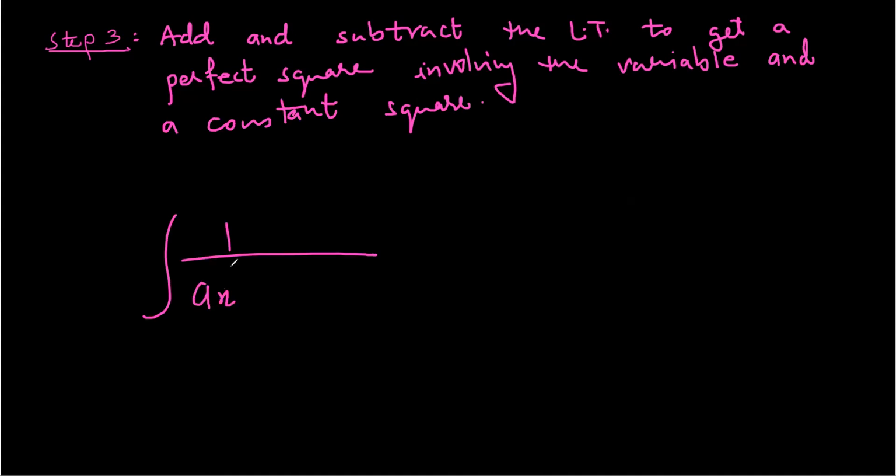quadratic. 1 upon quadratic. It is the same that we had written. There also everything you did was same, because do not forget that whatever your working is, the working is only for the quadratic.